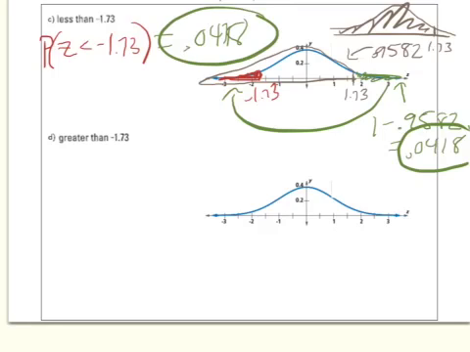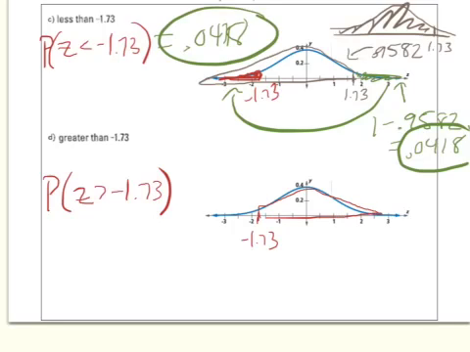Okay, let's look at this one. What's the probability that the z-score is greater than negative 1.73? Okay, first thing I do is I sketch the standard normal curve. I realize negative 1.73 again is about right here. And I'll jot it down. And they want greater than. So I'll actually do this. They want me to find this area here.